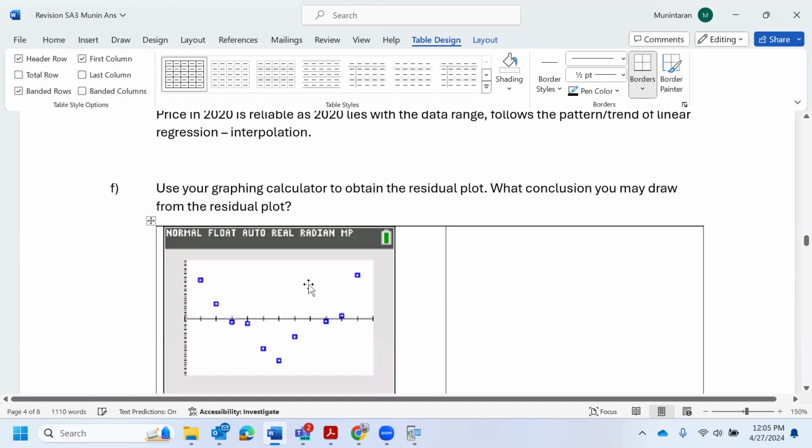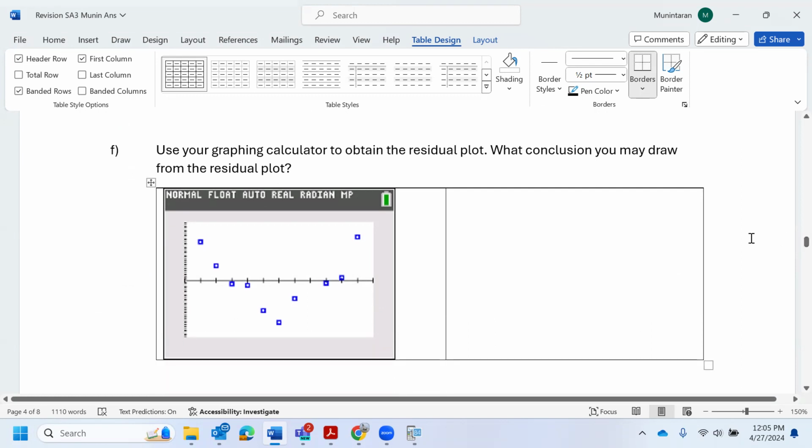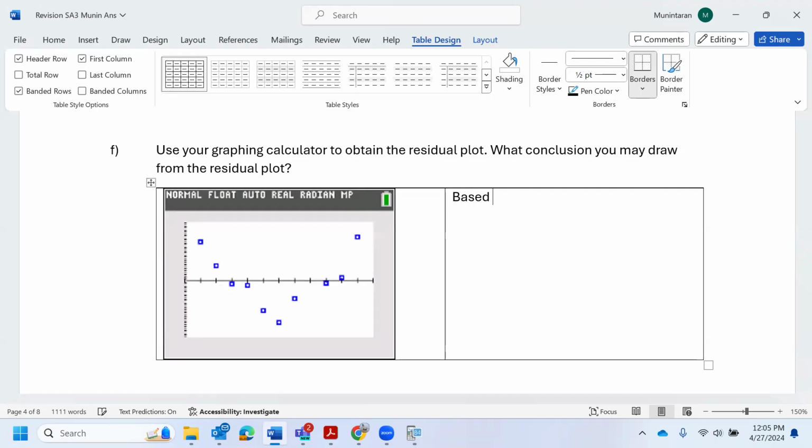So you're going to say obtain. Don't need to draw. You just have to obtain, and then based on that, you give the conclusion, putting it here for reference.